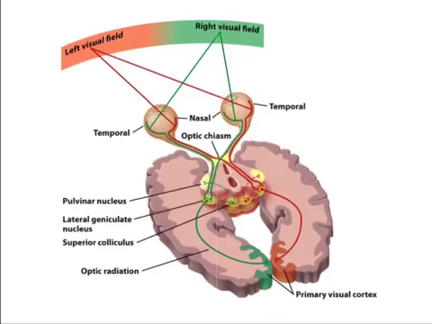So again, the right visual field goes to the left side of your left eye and the left side of your right eye. The left visual field goes to your temporal right area of the right eye and to the nasal portion of the left eye, so that you have all of the information from your right visual field coming down here.